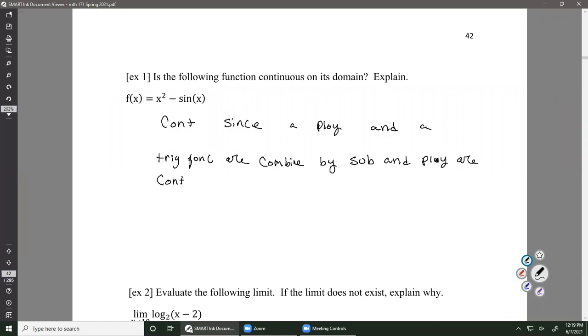Yeah. So polynomials are continuous, and so are trig functions. On their own, they're continuous on their domain, and how we combine them together, they were continuous on their domain. Does that make sense?